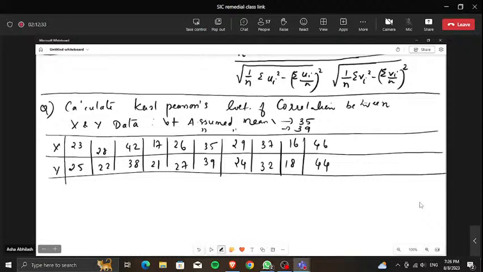Let 35 and 39 be the assumed means of X and Y. I am providing these, so you have to take these two as the assumed means.